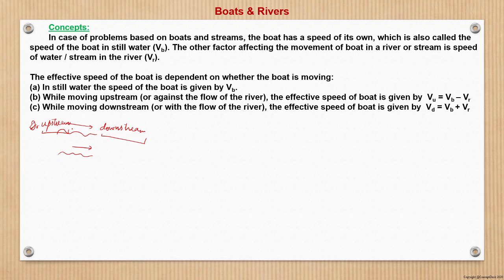So that is very basic in nature. Now we'll try to understand step by step. We'll build up the cases here. Suppose case 1, when a stationary object is floating freely in a river.